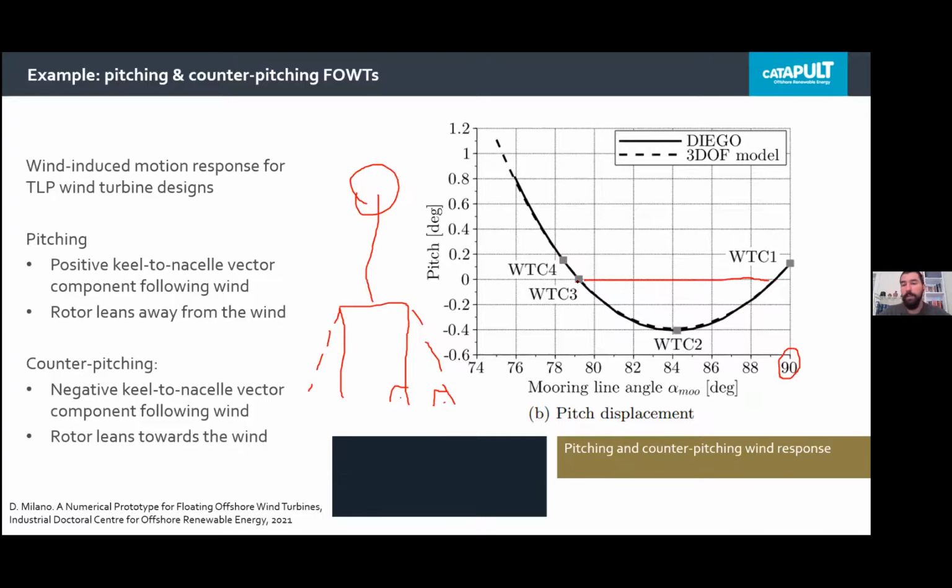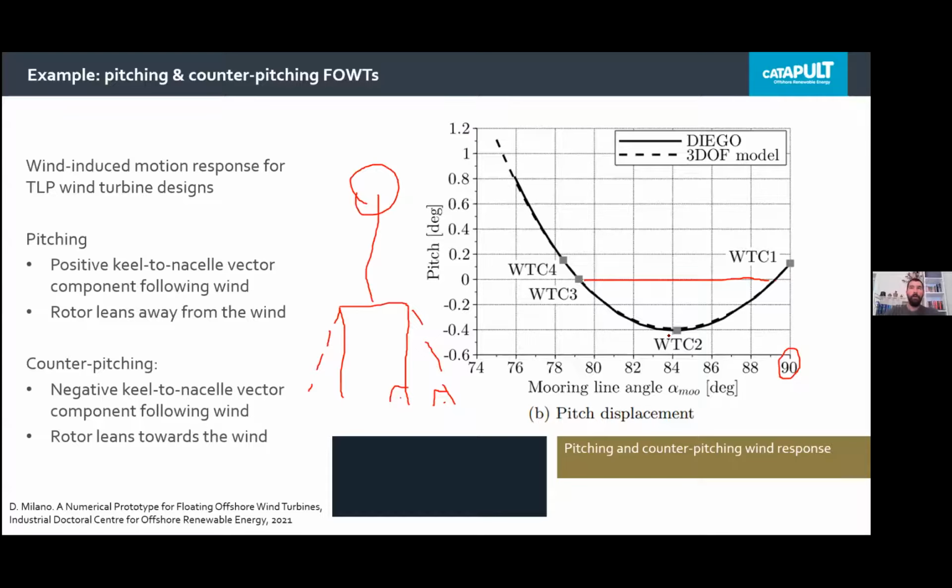And this is solely dependent on the inclination of the tendons, because geometrically a TLP design gives us control over where the center of rotation of the system is, and if it's above or below the rotor nacelle assembly center, it will switch from one behavior or from one pitching direction to the next.